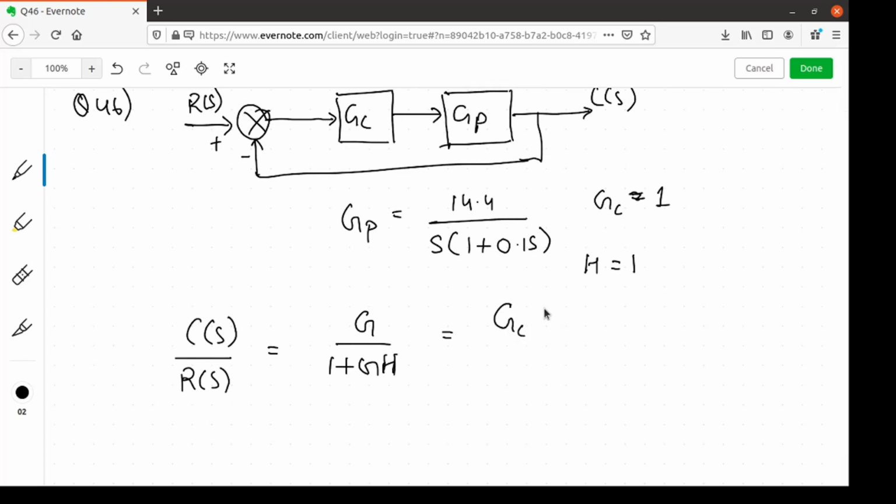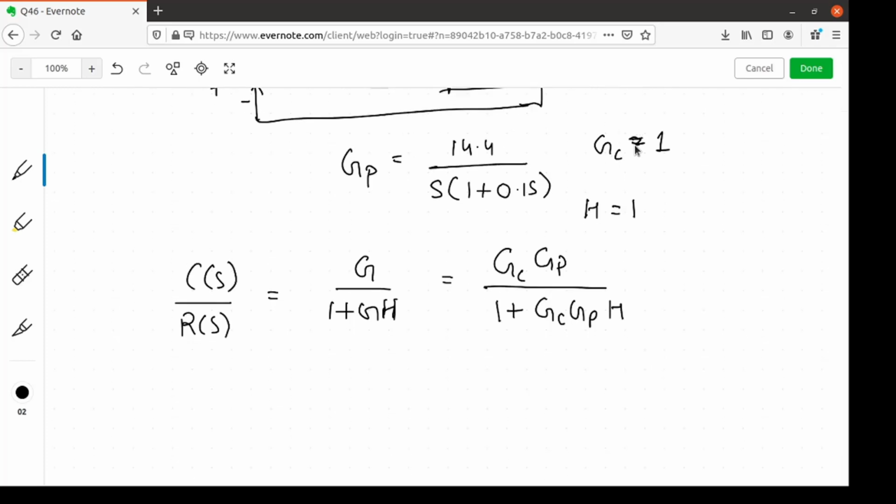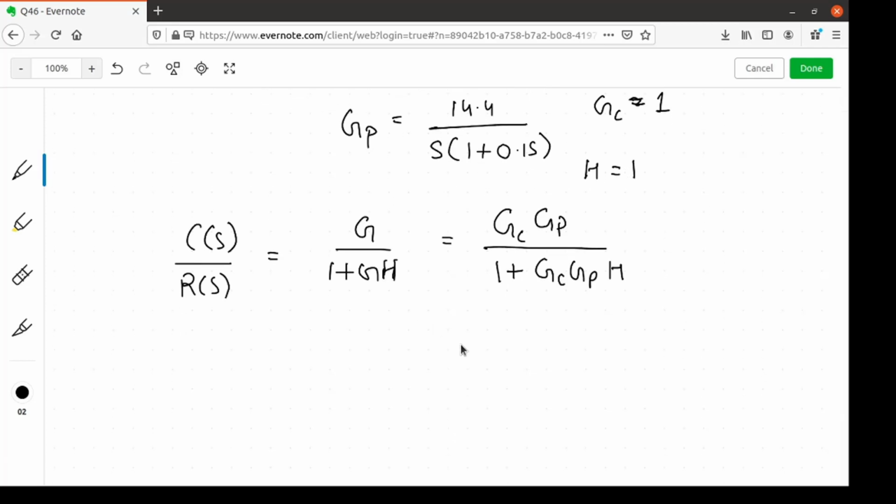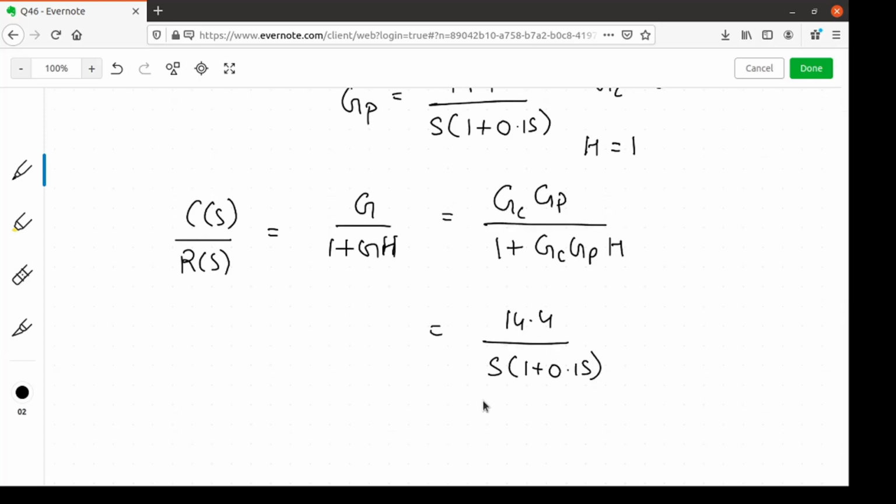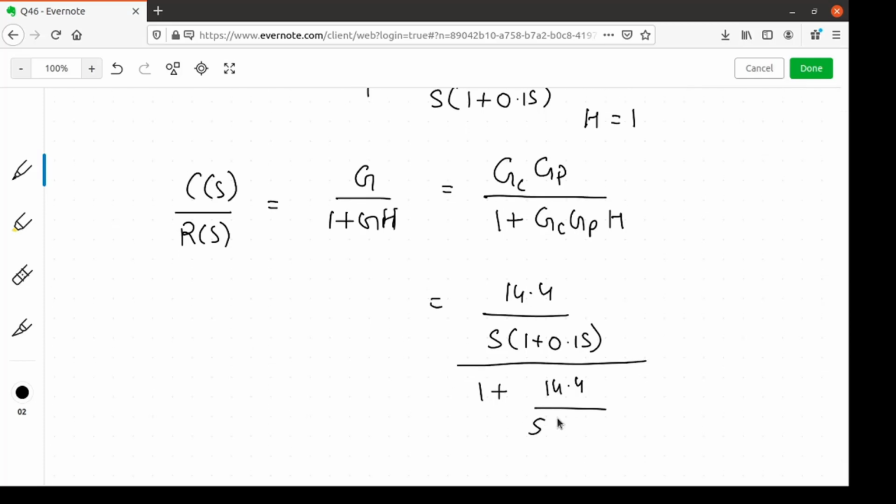So that will be equal to Gc times Gp divided by 1 plus Gc times Gp times H. So here Gc and H are equal to 1. So we'll substitute Gp. So that will be equal to 14.4 divided by s times (1 plus 0.1 s), the whole divided by 1 plus 14.4 divided by s times (1 plus 0.1 s).